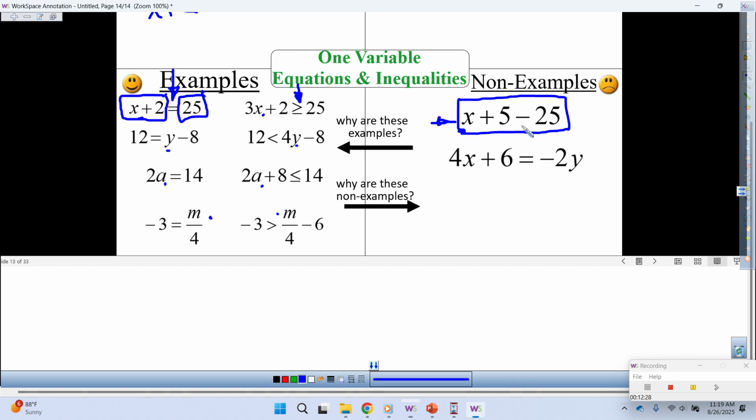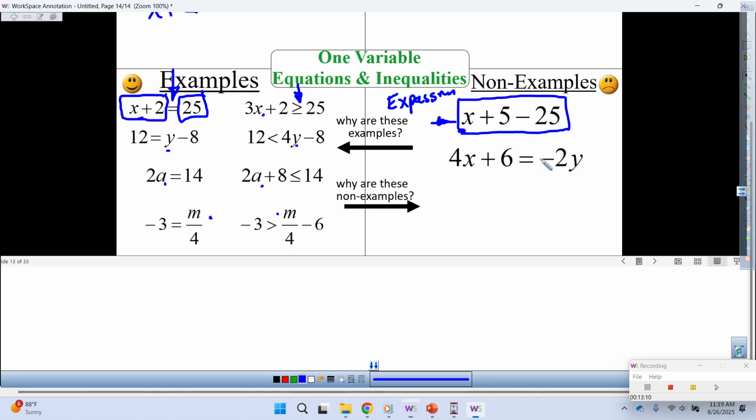Yeah, this one doesn't have a what, everyone? An equal sign or inequality sign. So if this one doesn't have an equal sign or inequality sign, what do we call this? Tell your neighbor. Expression. That is correct. Whenever it doesn't have an equal sign or an inequality sign, it's called an expression.